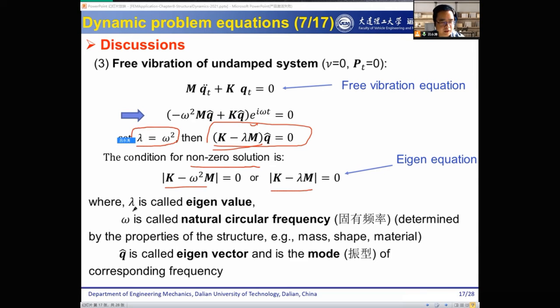Here there are some important concepts. Why is this 0? The determinant of this is 0 because this is not 0. The displacement is not 0.